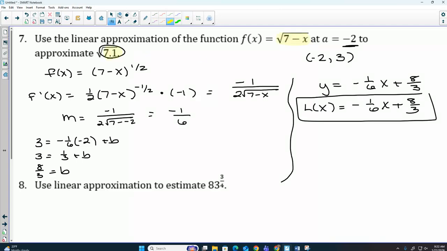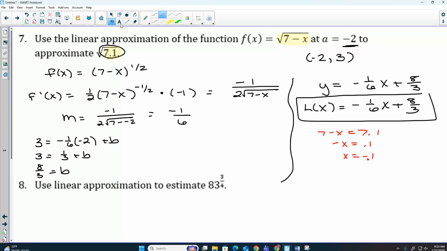So that means I need to know, when does 7 minus x equal 7.1? So the x here is actually -0.1, not 7.1. That's because my function wasn't just the square root of x. If my function was the square root of x, you'd plug in 7.1. Since it wasn't, I had to figure out what x was, so that's -0.1.